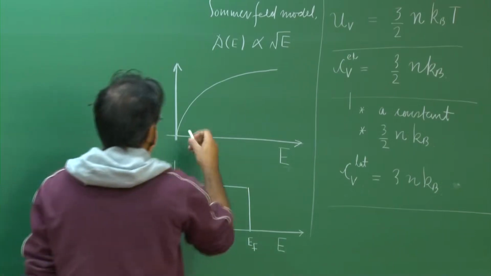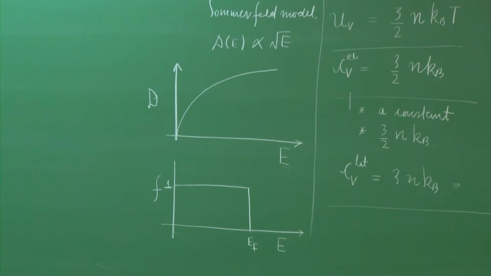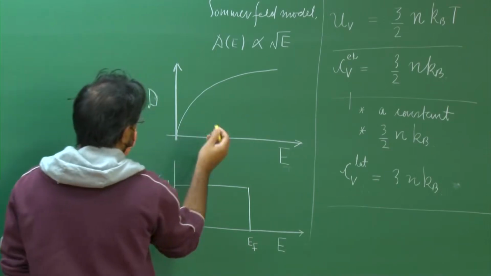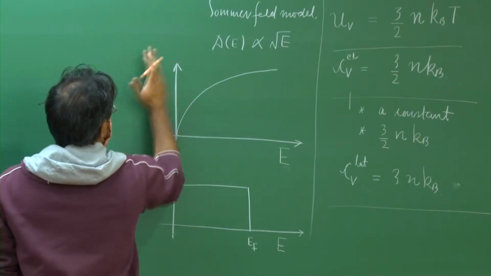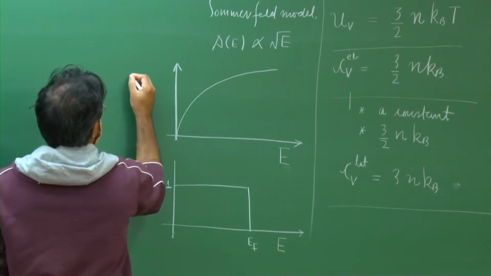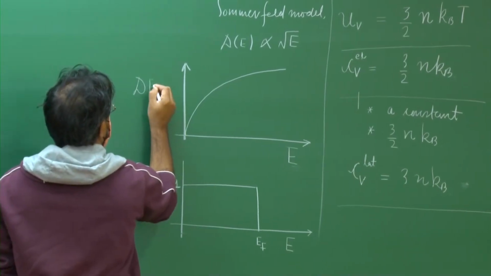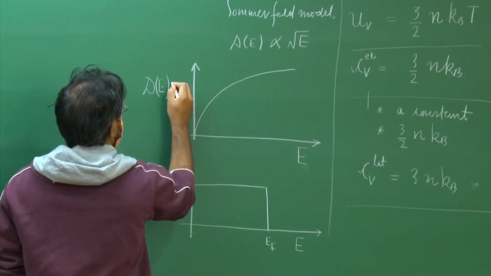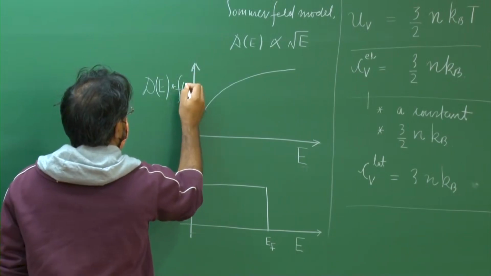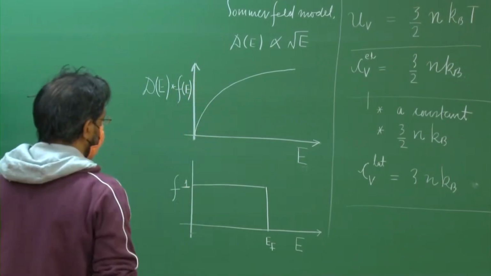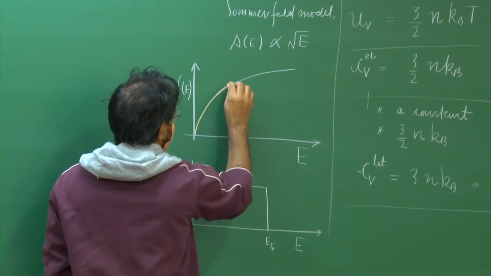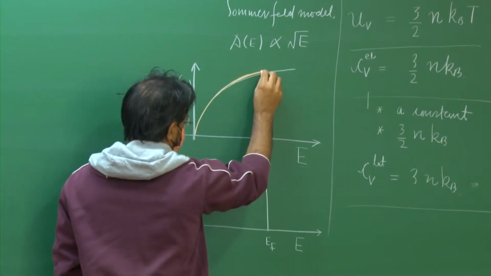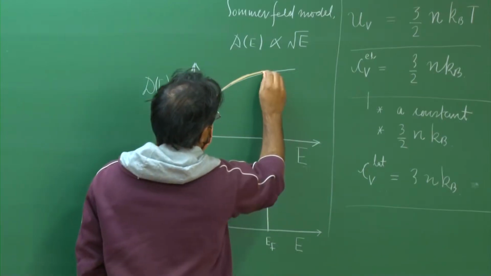So at 0 temperature, if I plot the product D(E) F(E) on the y-axis, this product is drawn with this orange color. It's going to look like this.